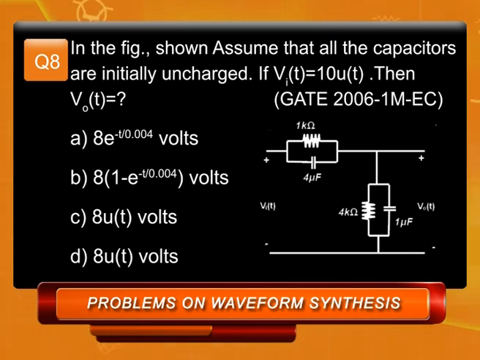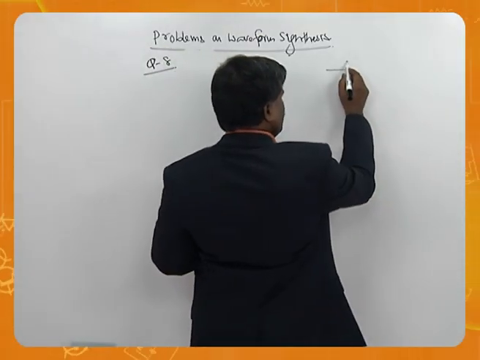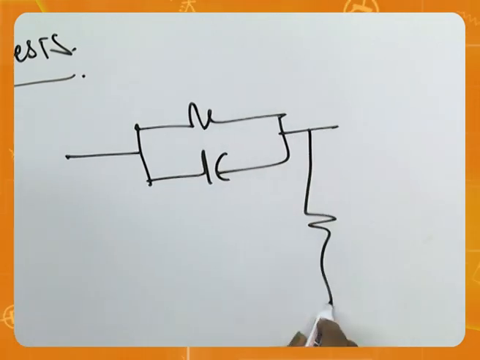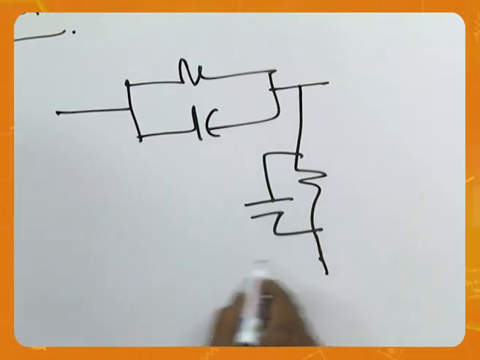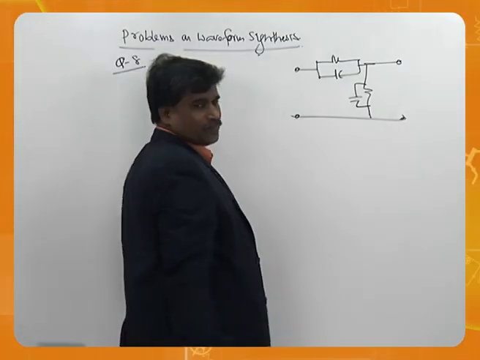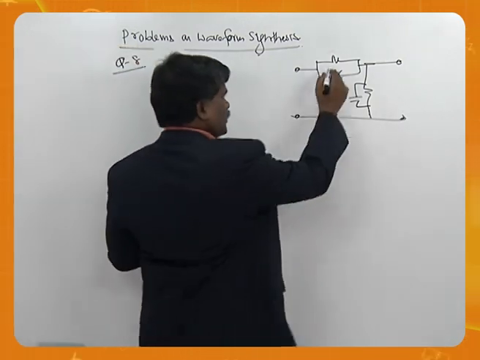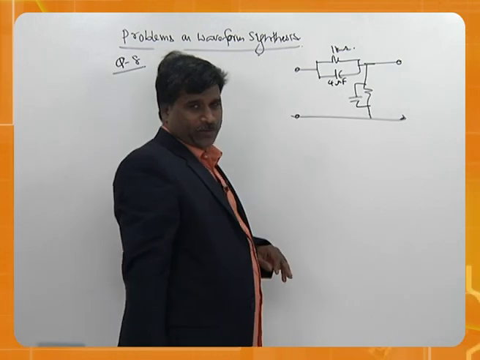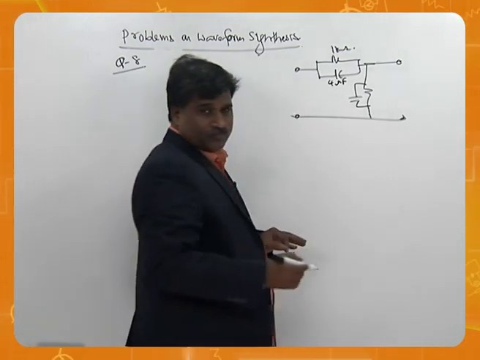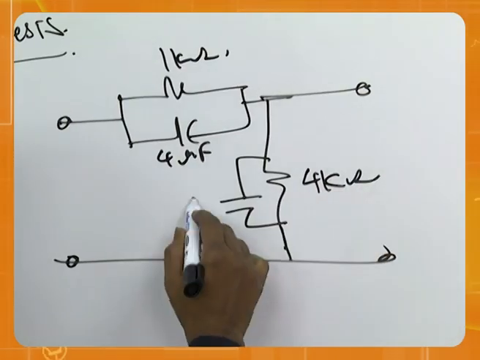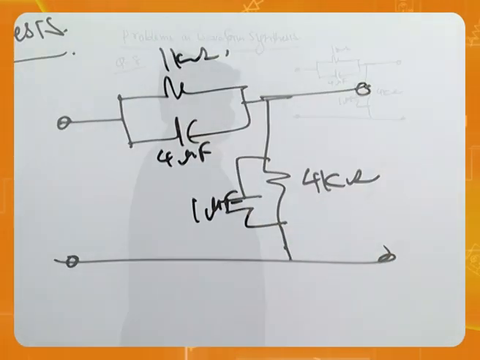See the options there. We will take the circuit. The circuit is basically a parallel combination of this thing. Like that. 1 kilo ohm here, 4 microfarads, and 4 kilo ohms here, 1 microfarad.